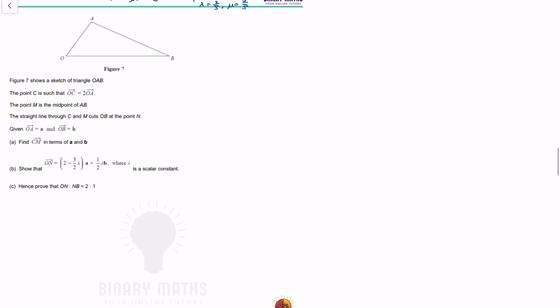Okay, last question I'll go through. Figure 7 shows a sketch of triangle OAB. The point C is such that O to C is equal to 2 lots of O to A. So I'm going to redraw it here, because I don't want to write over my working out from my previous question. So O to C is equal to 2 lots, so somewhere here is 2 lots.